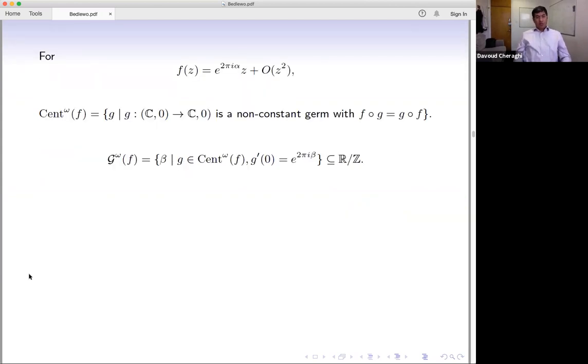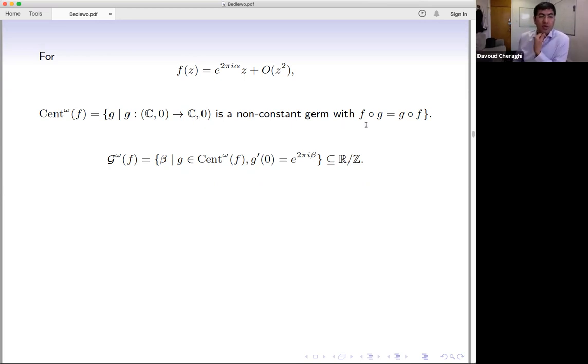If I have a map of the form F(z) = e^{2πiα}z + O(z^2), defined on a neighborhood of 0, in the same fashion we can define the centralizer of F. From now on, I will just work with the analytic centralizer. These are germs of holomorphic maps which fix 0 and commute with F.